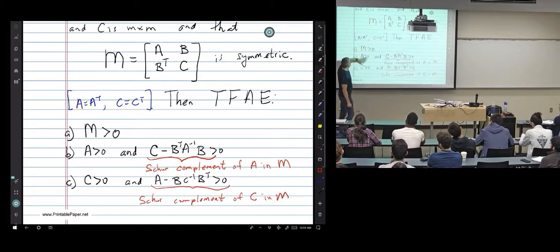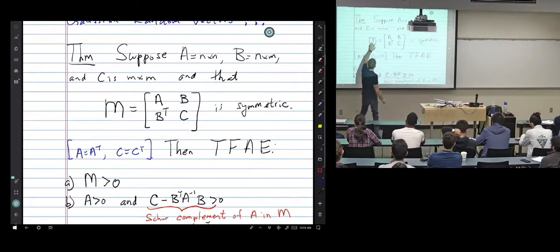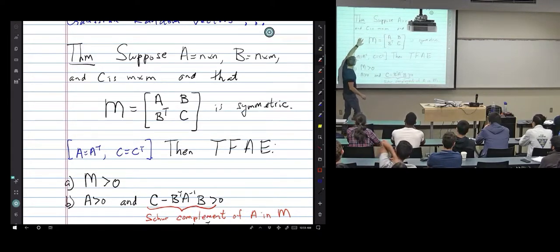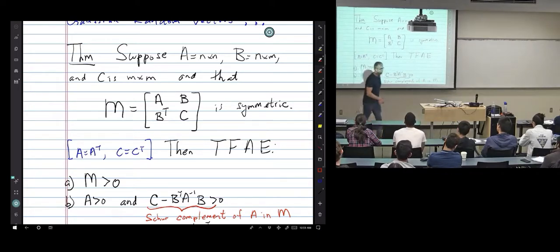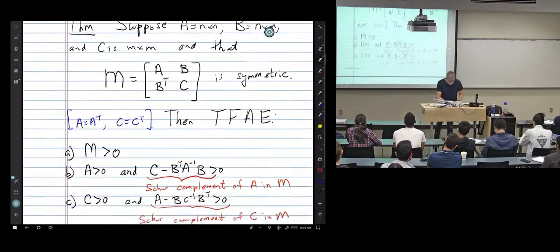Now, if M is our covariance matrix for states stacked up, and then the next part is measurements, what this Schur complement theorem is telling us is that A is our current uncertainty in the state.